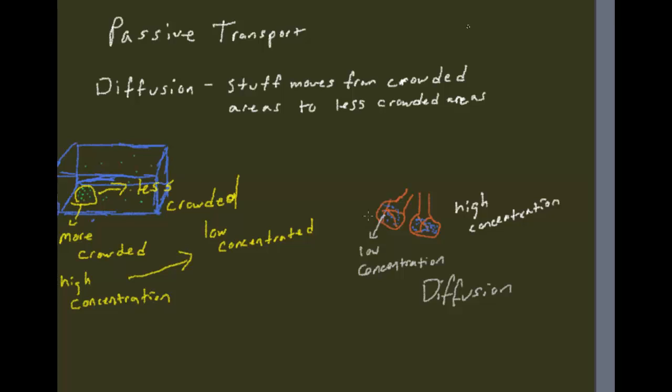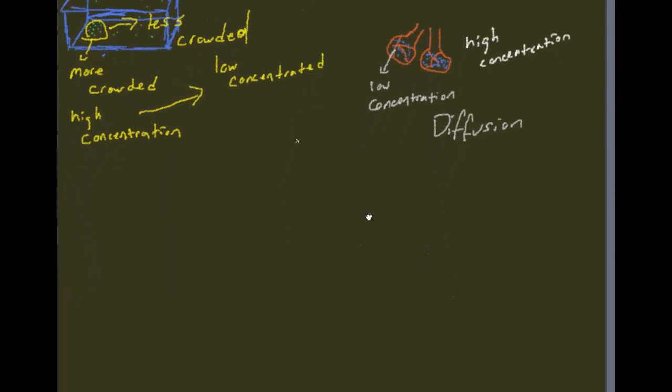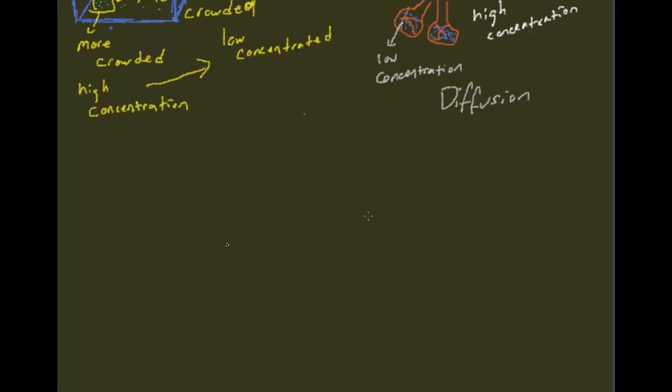So diffusion is the main type of passive transport. However, we're going to talk about a little special thing here called osmosis. And that's a word I'm sure lots of you have heard. It's a popular word.